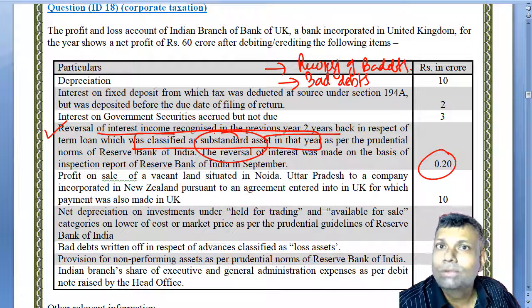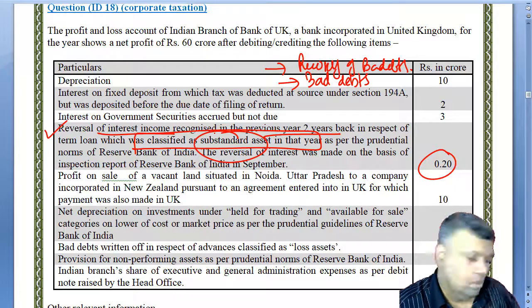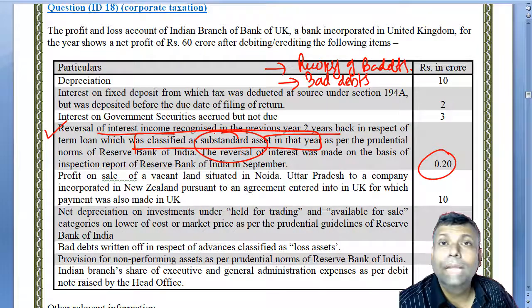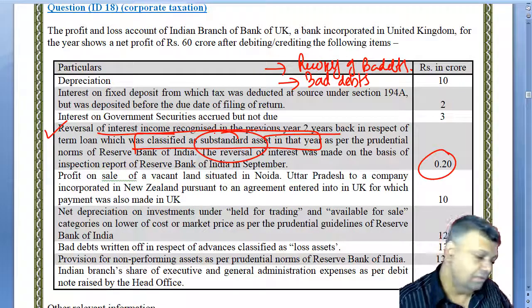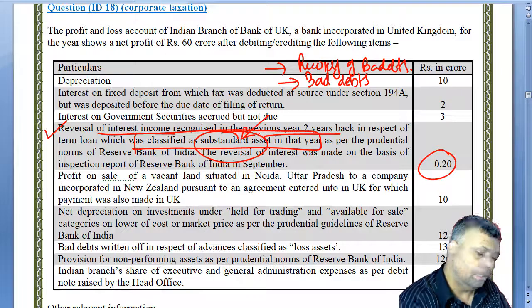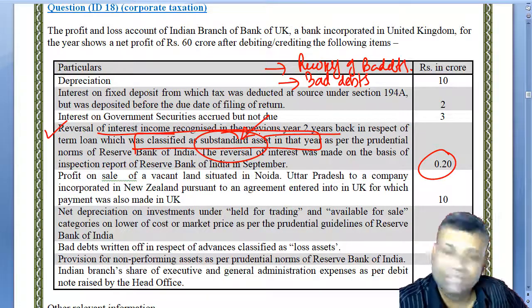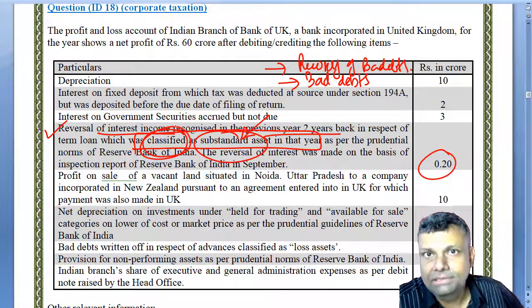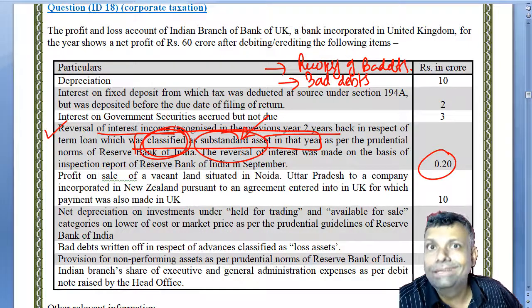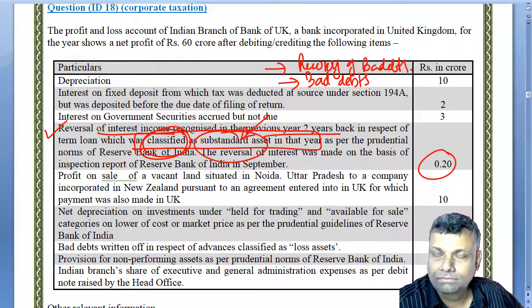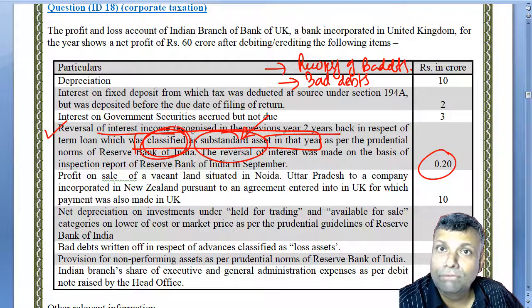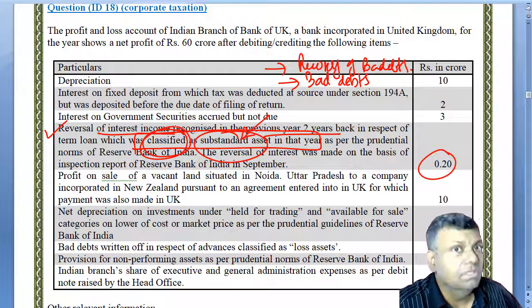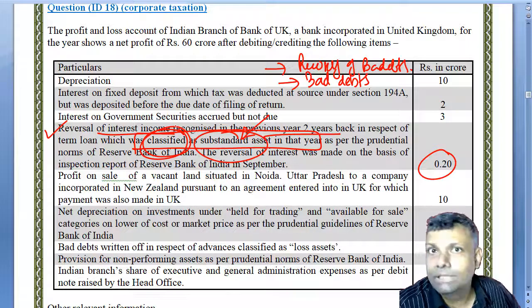It is a bad loan of the bank. Here they are not using the word bad debts, but the word substandard asset. This substandard asset is none other than bad debts. It was classified as a substandard asset, that means it was already written off that way. As per the banking terms, the substandard asset gets written off.